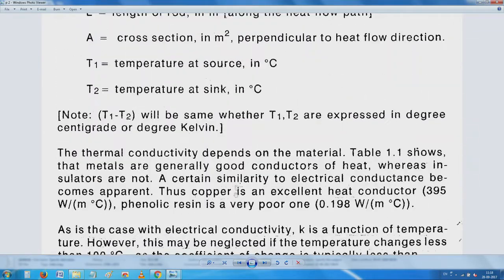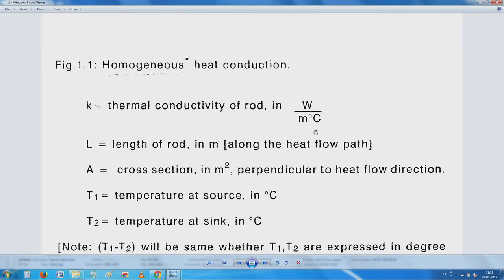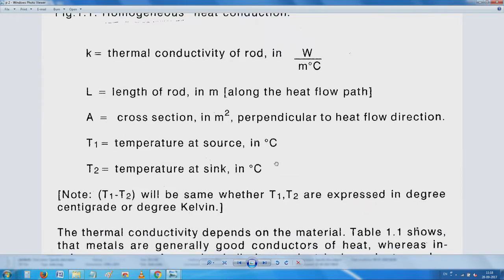Coming back to Fourier's law, thermal conductivity, as we know, has been defined in the table as watt per meter degrees centigrade, and then length of rod in meters along the heat flow path, cross section in meter square perpendicular to the heat flow path, temperature of source and temperature at the sink. That is how it has been done.